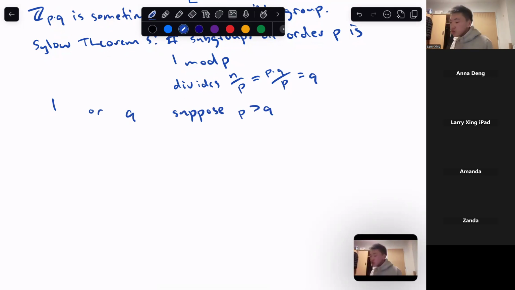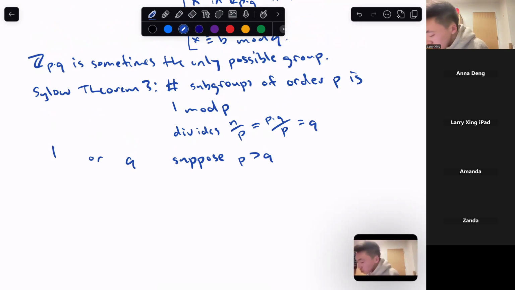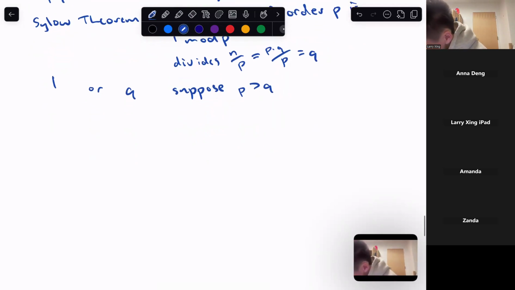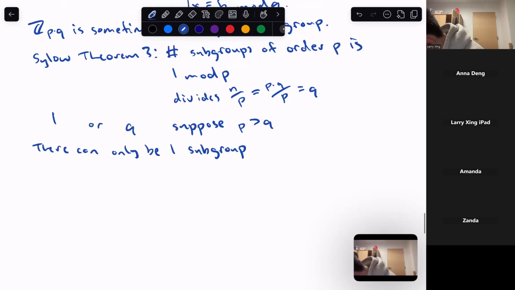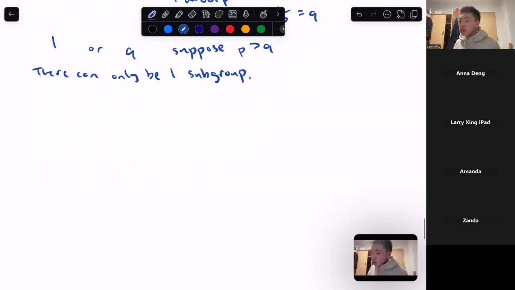Otherwise, we could just reverse P and Q and the same logic holds. Then Q cannot possibly be 1 mod P anymore. So that means that there can only be one subgroup. What does this tell us?